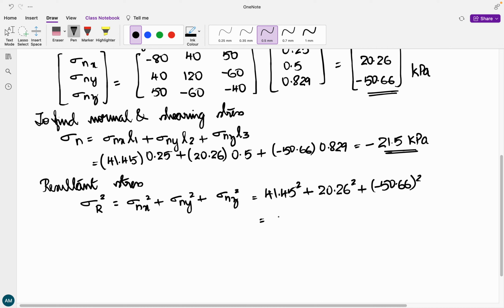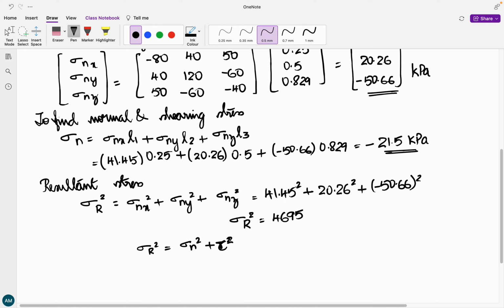If you solve it, let us consider this as sigma r square itself. You will be getting 4695.